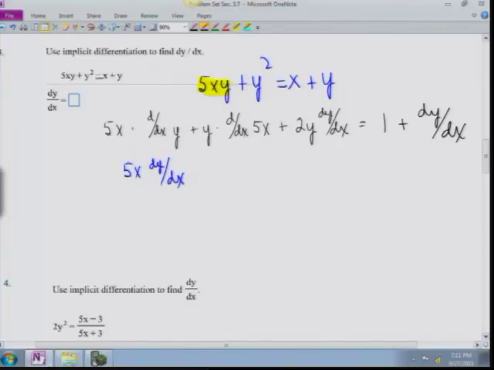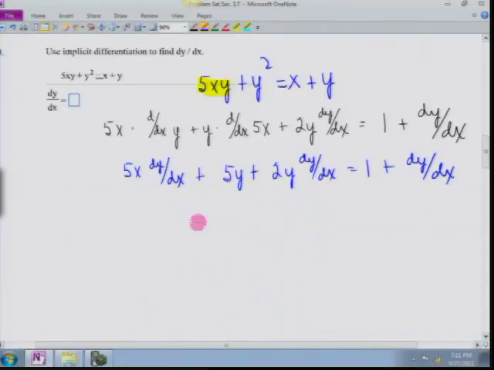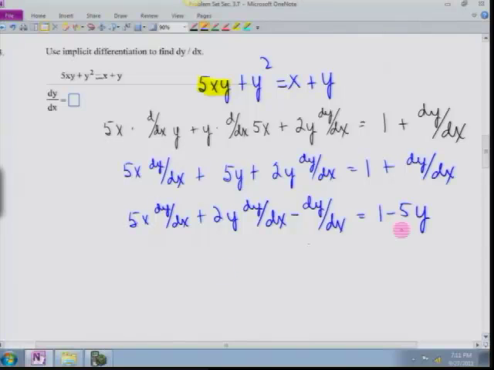Wouldn't that segment be y times d/dx? You will find yourself wanting to shortcut and not write everything, but be careful.